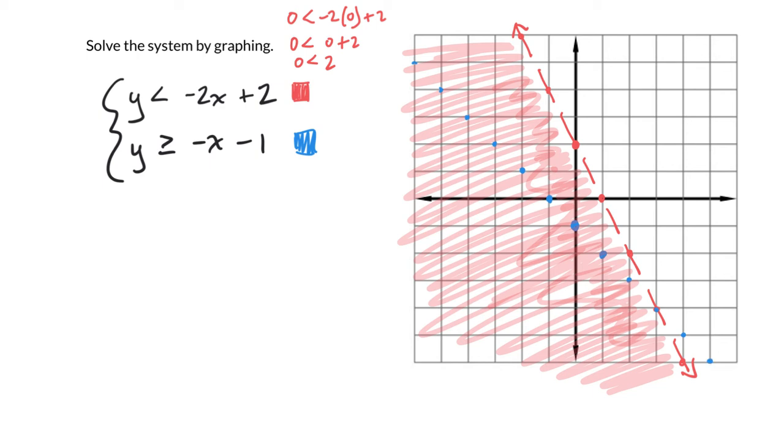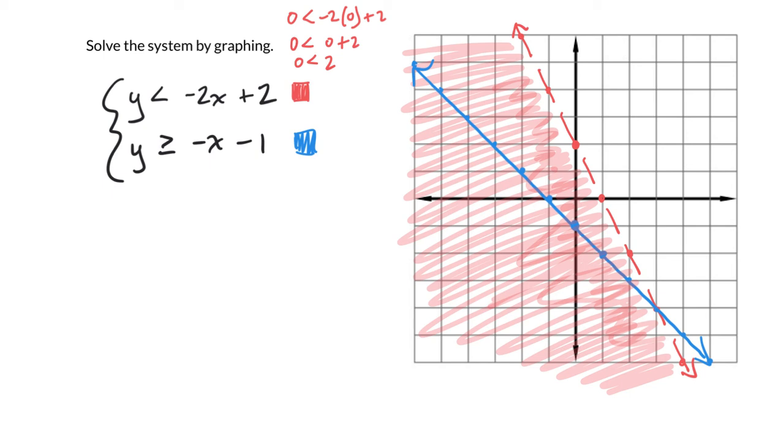Okay, so this is going to be a solid line when we draw it because we've got greater than or equal to. So we will draw a nice line just like that. Okay, arrows, arrows. All right, well, we can see our intersection point for our lines is here.